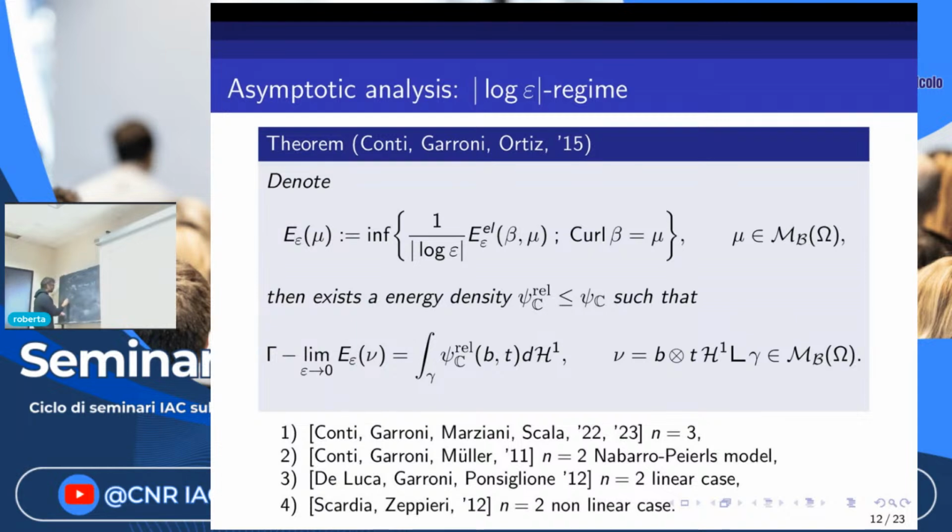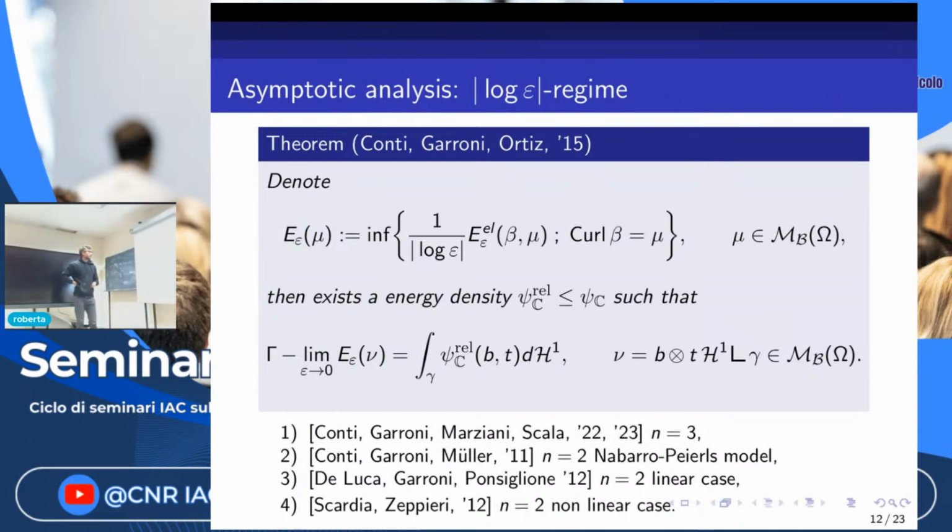So the gamma limit, which we call phi 0, is basically a sum over the configuration of phi rel, which is in general lower because of microstructure.